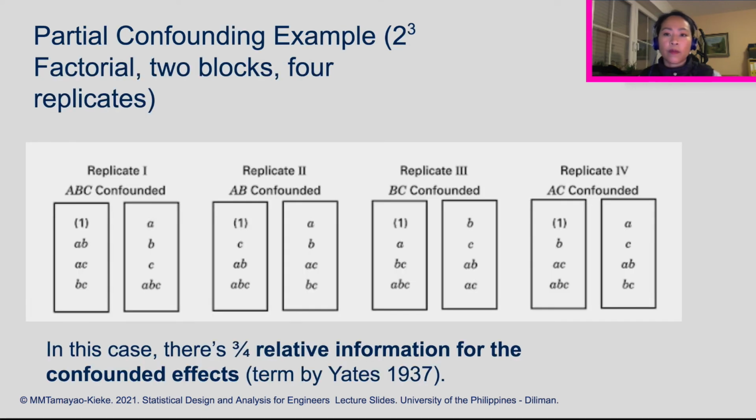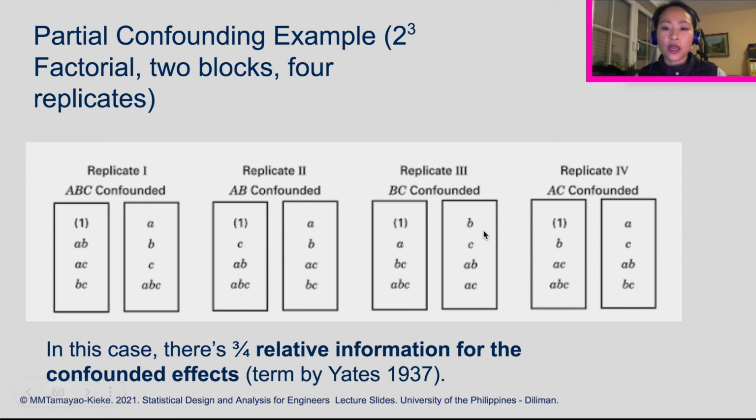Now, with partial confounding, we basically choose a different effect to confound in each replicate. So, for example, we have a 2 to the 3 factorial, and then we have 2 blocks and 4 replicates. So replicate 1, 2, 3, and 4.